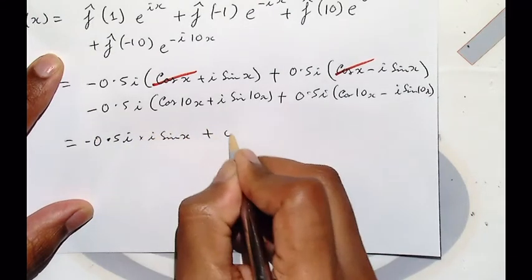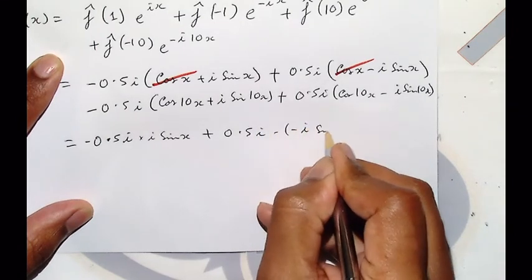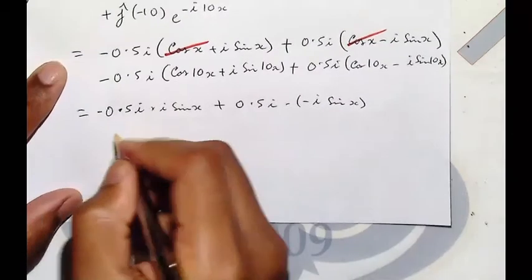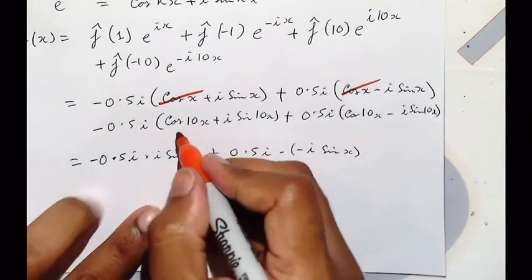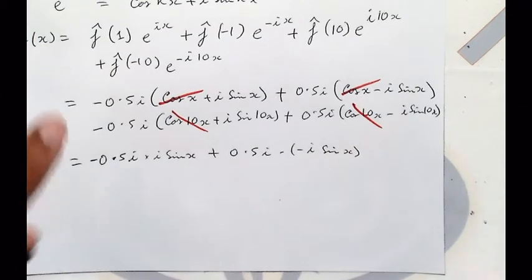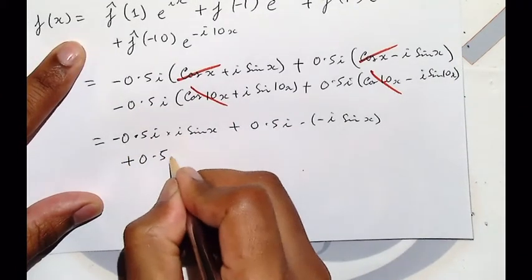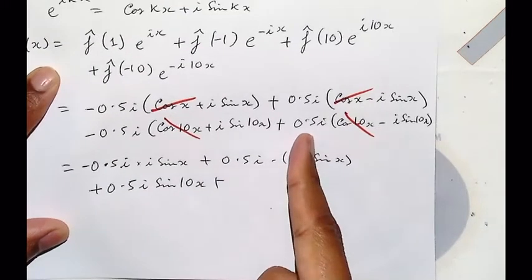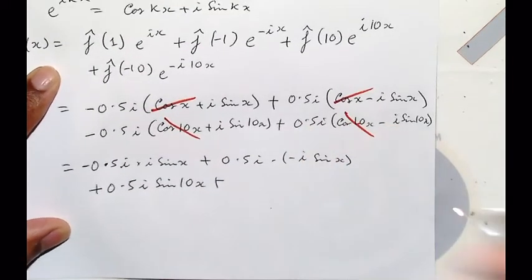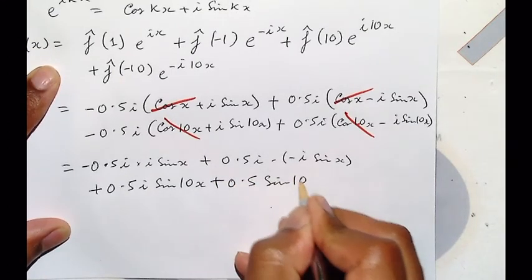Plus 0.5 i times minus i sin x. Okay, next. Cosines cancel. So negative 0.5 i times i sin 10x, plus 0.5 i times minus i, which is plus 1, so we have 0.5 sin 10x.